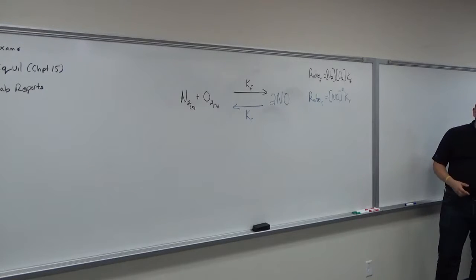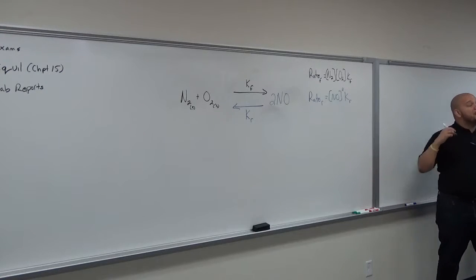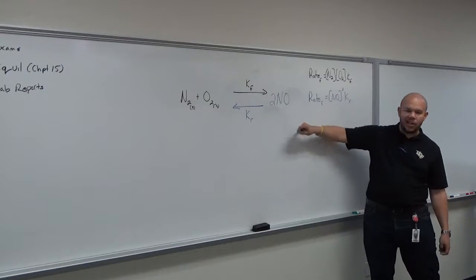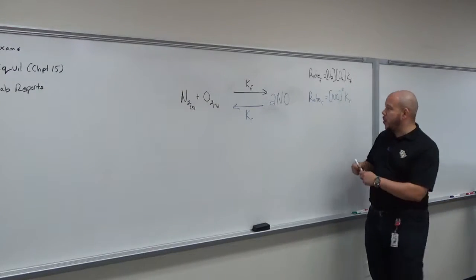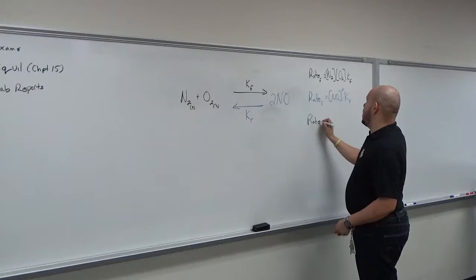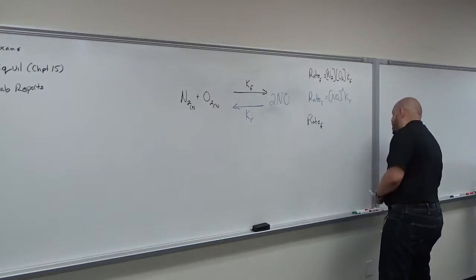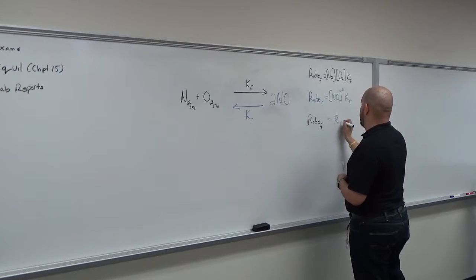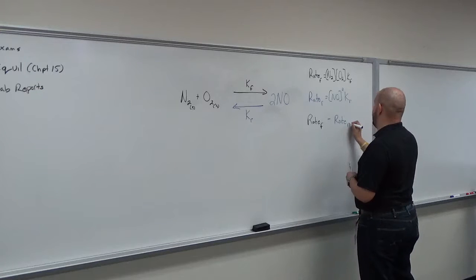Now, if by definition we have a system at equilibrium, let's say we did this reaction and I told you it had reached equilibrium, then we must say that the rate of the forward is equal to the rate of the reverse.